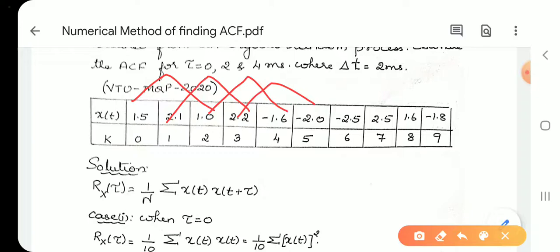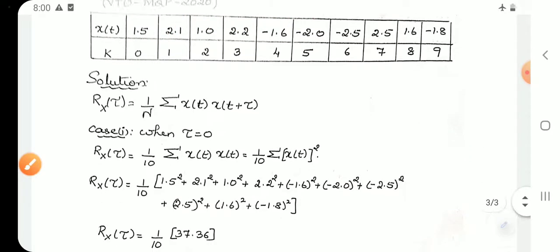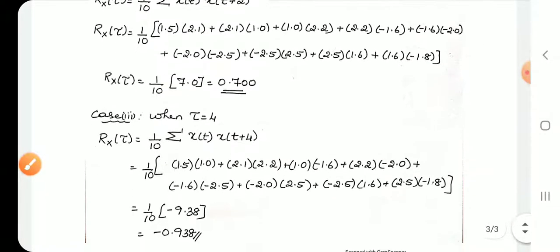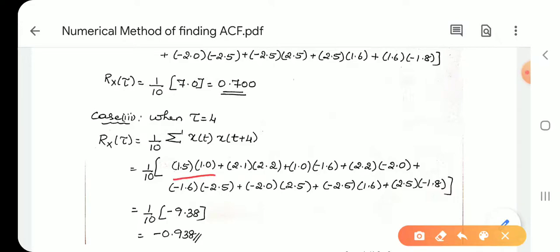First one, leave second, third, alternate ones we will take. 1.5 into 1.0 plus 2.1 into 2.2 plus 1.0 into minus 1.6, 2.2 into minus 2.0, like that.